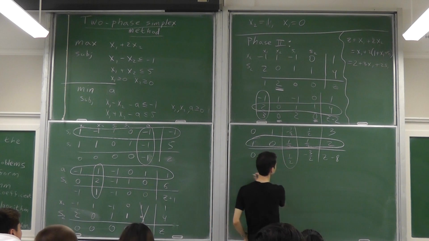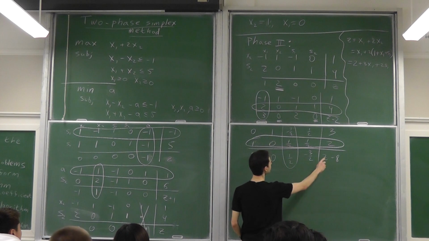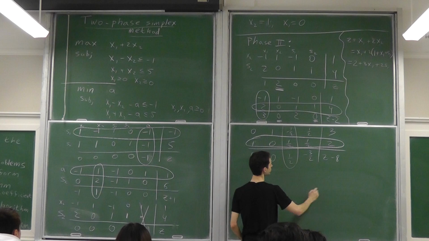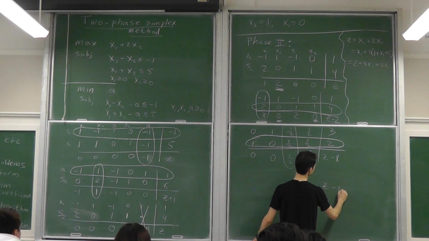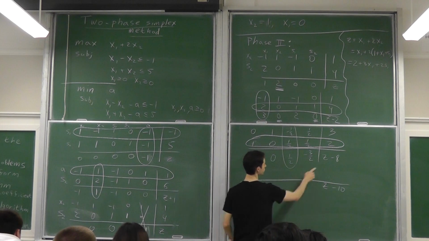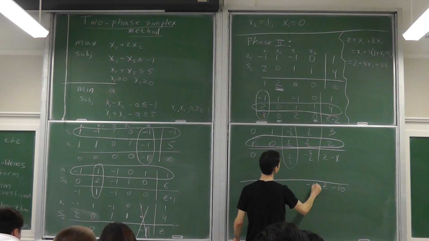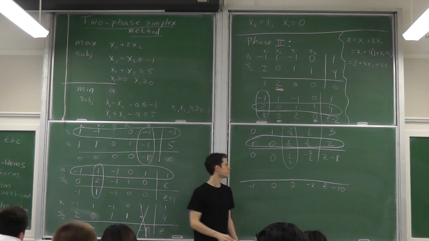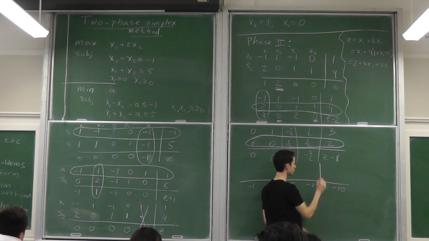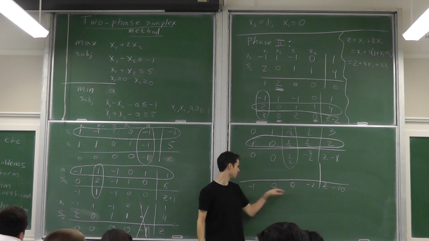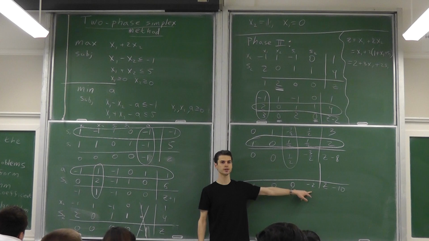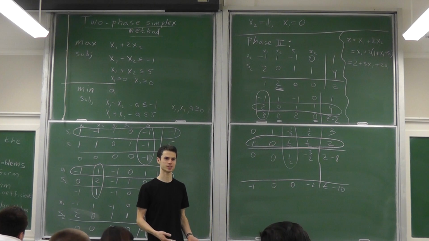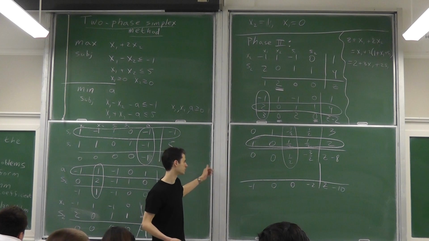And finally, you subtract this row from that one, and you'll get z minus 10, minus 2, 0, 0, minus 1. So now I have the optimal solution. All the numbers here are negative. And now I'll just have to figure out which ones are the basic and which are the non-basic ones.